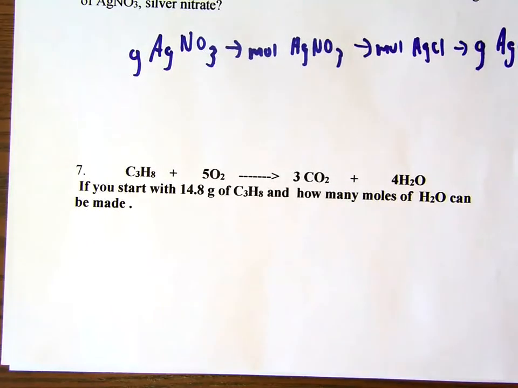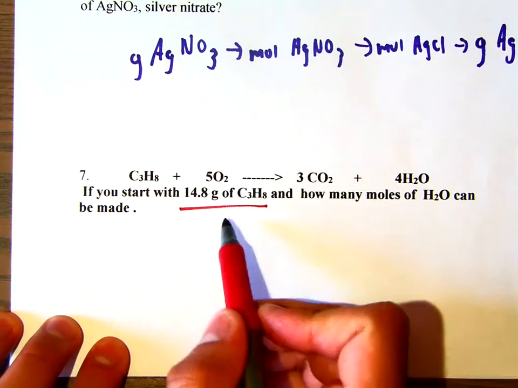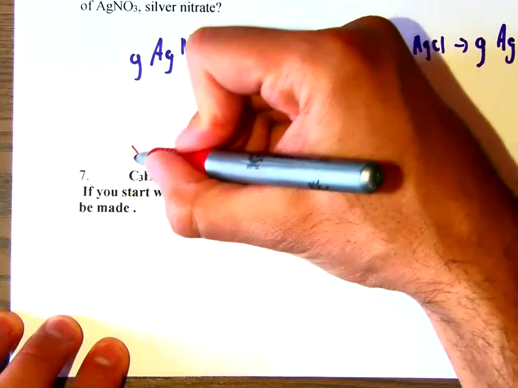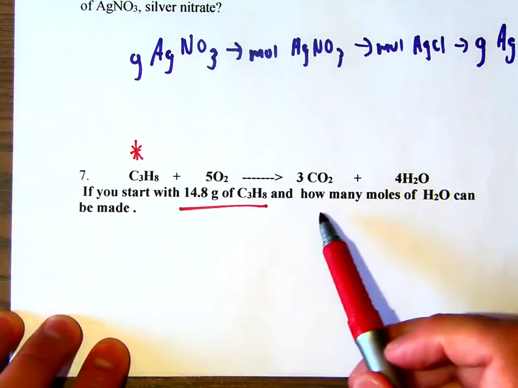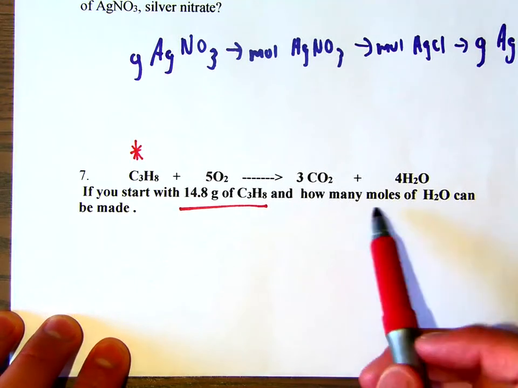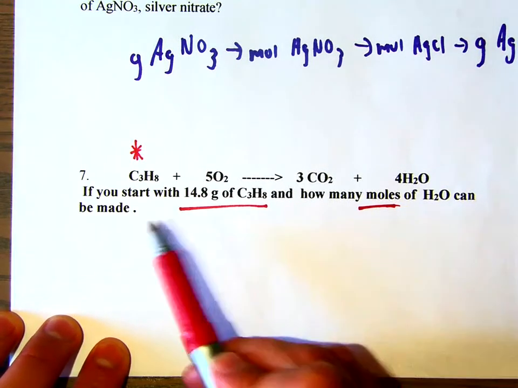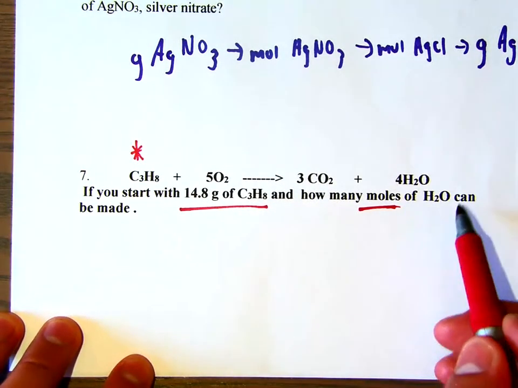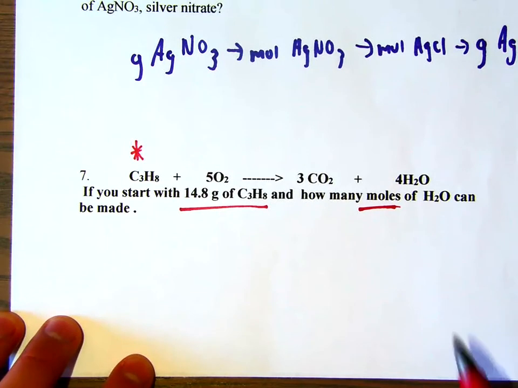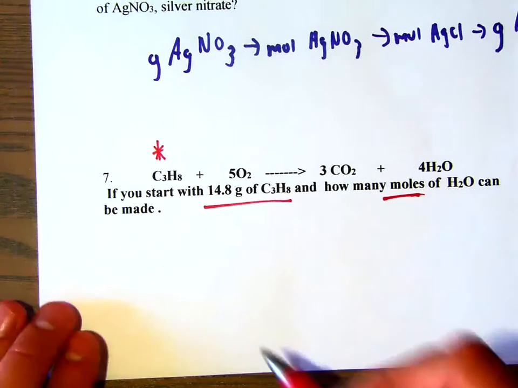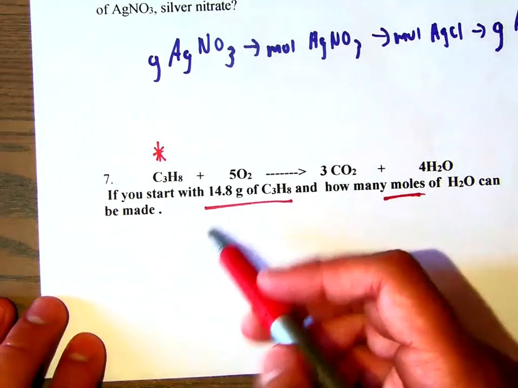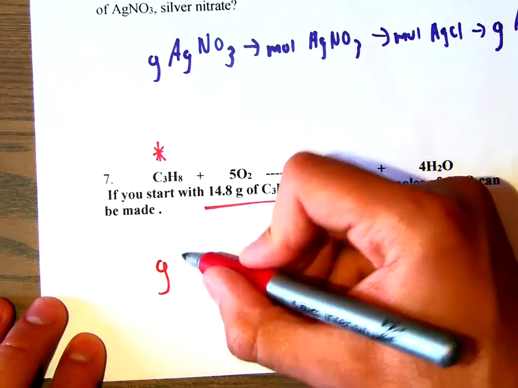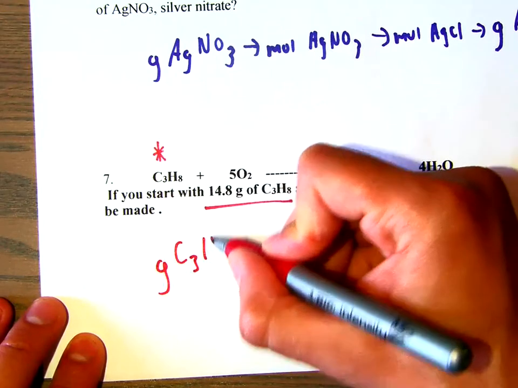Okay. Let's do the last one, which is slightly different. So this problem is asking us, if you start with this many grams of this carbon-hydrogen compound, how many grams or how many moles of H2 can be made? So this is different because we're going from grams to moles of this. We're not going all the way to grams. We're stopping at moles. Okay, so same process though. We start with grams of C3H8.